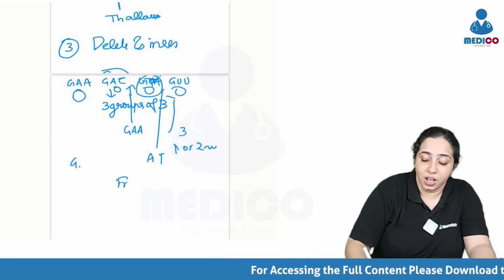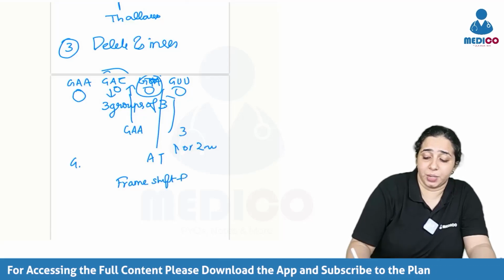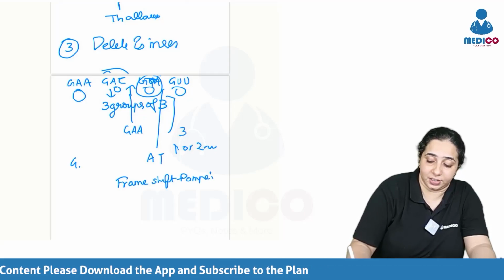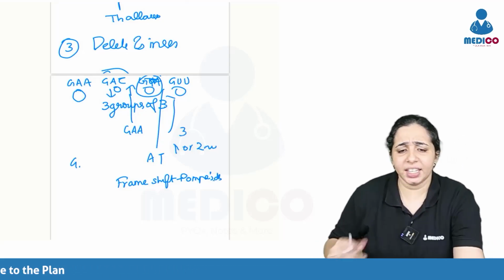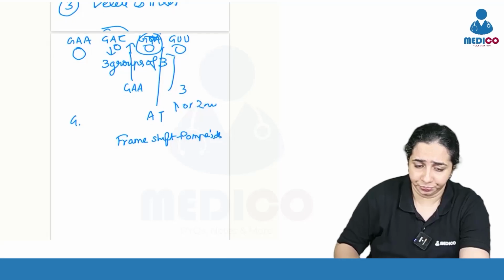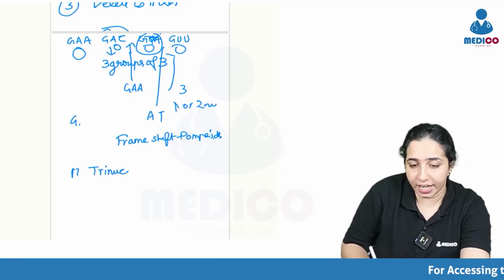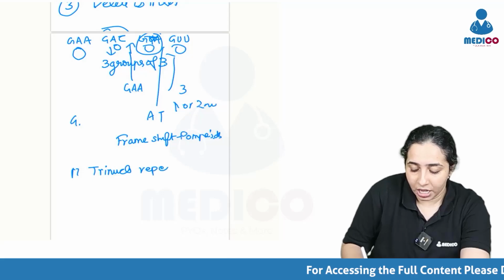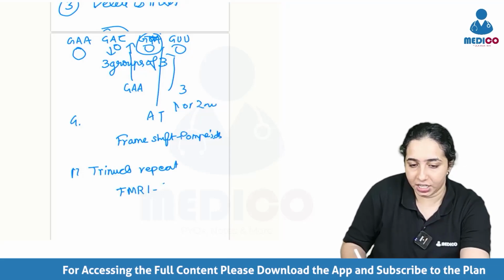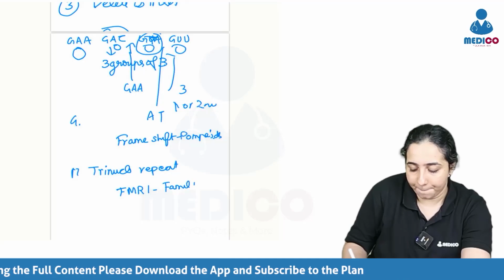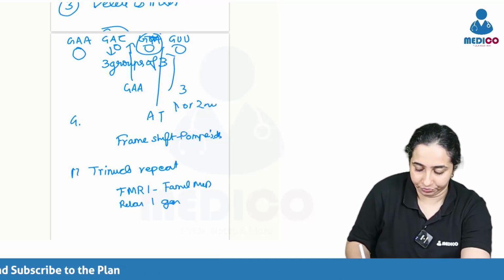That is called your frame shift mutation. And an example of a frame shift mutation is your Pompe's disease. Then again, you can have some alterations in trinucleotide repeats. A very common example is your FMR1 gene, that is your fragile X mental retardation 1 gene.